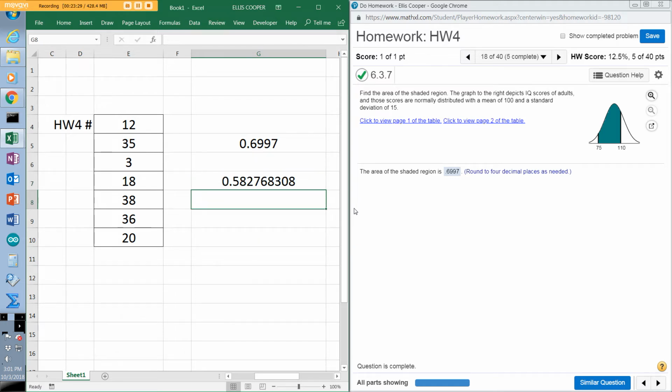And it's 58%. Why is it 58%? It's not 68%. Why is it smaller?